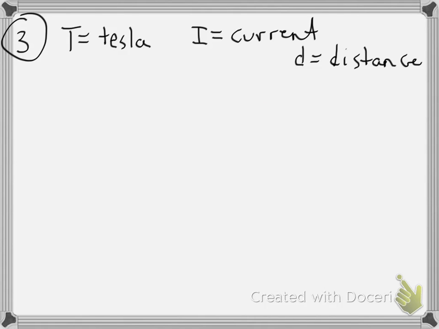Okay, so this is quite wordy, so we're going to just read it and then we'll come back and break it down. The strength of a magnetic field around a wire, which is measured in Tesla, is directly proportional, that's a key word, directly proportional, to the current as measured in amps, and inversely proportional, that's another key word, to the distance from the center of the wire.